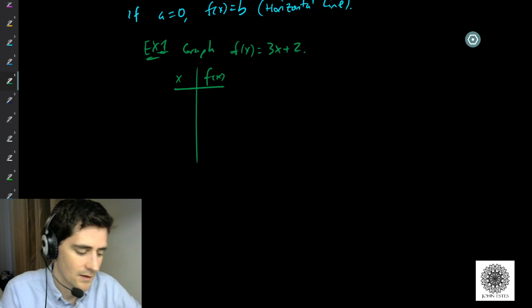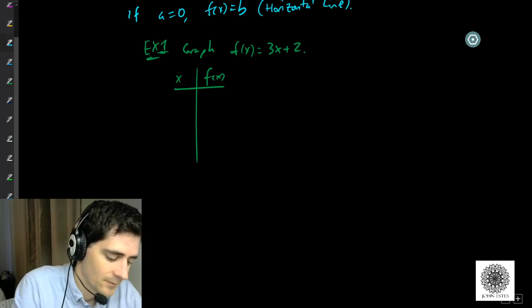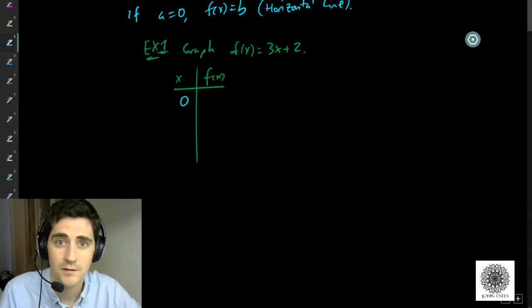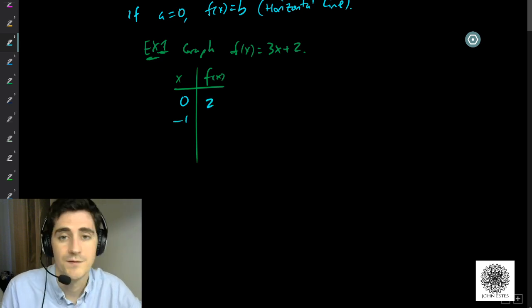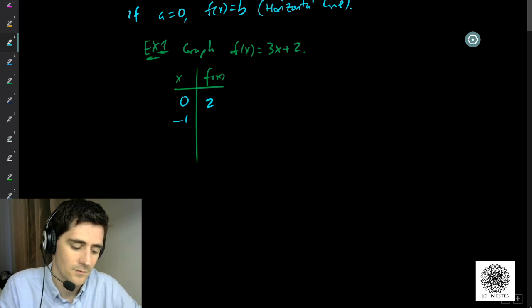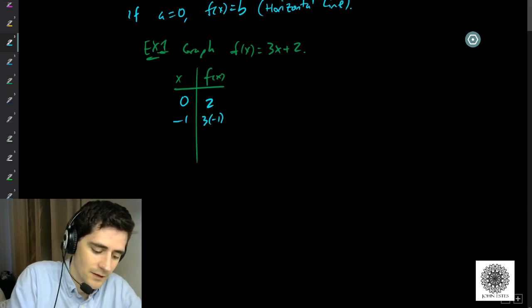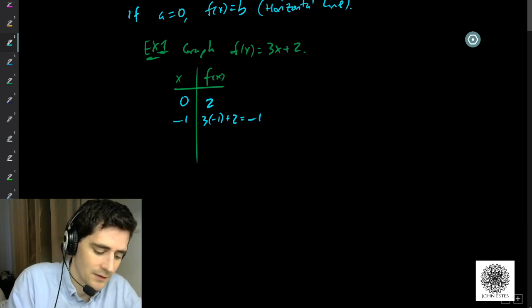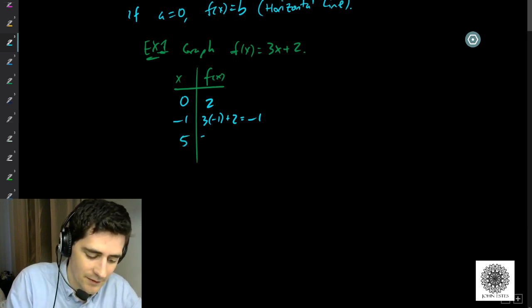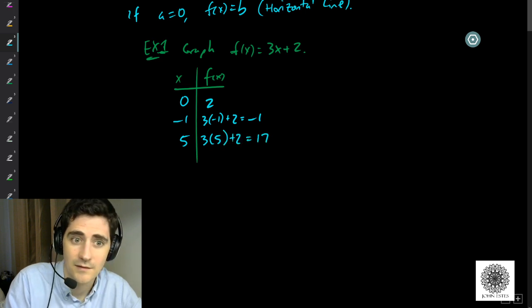So for example, I might plug in 0, and if I plug in 0, my function value becomes 2. If I plug in -1, I get 3 times -1 plus 2, which is -1. If I plug in 5, I might have 3 times 5 plus 2, which is 17.